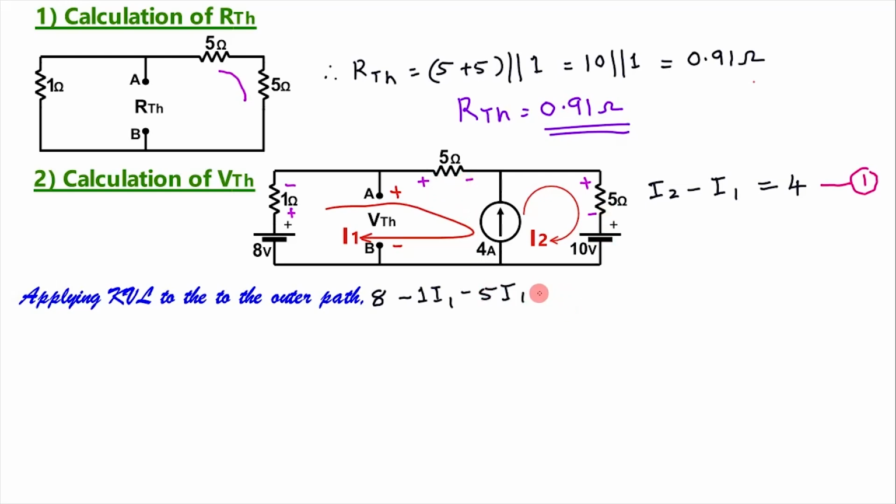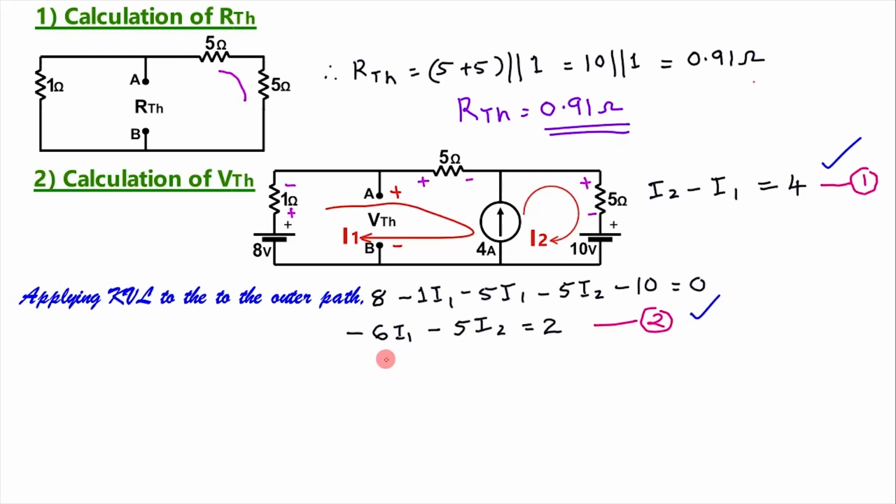Here voltage drop is minus 5 into I2, minus 10, here plus to minus, fall in potential, is equal to 0. Simplifying this equation, we will get minus 6 into I1 minus 5 into I2 is equal to 2. Let this be equation number 2. Solving equations 1 and 2, we will get I1 is equal to minus 2 ampere and I2 is equal to 2 ampere.